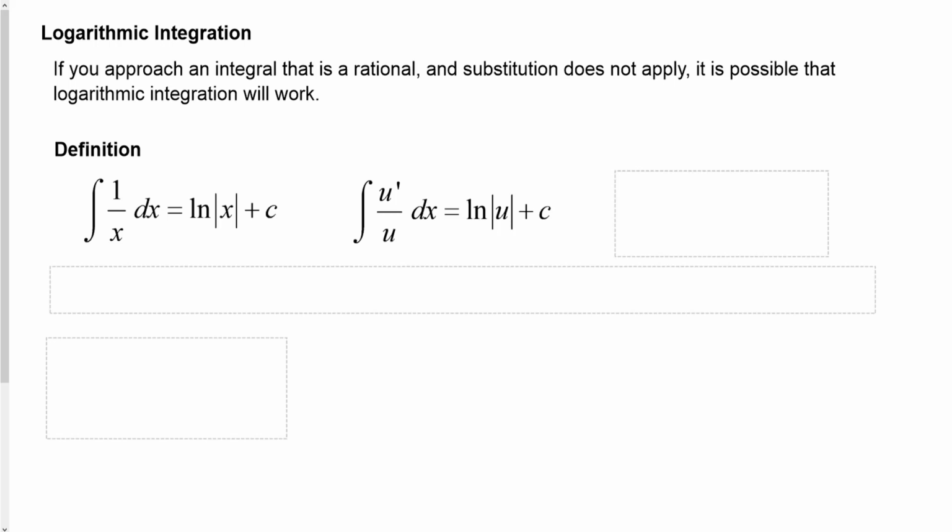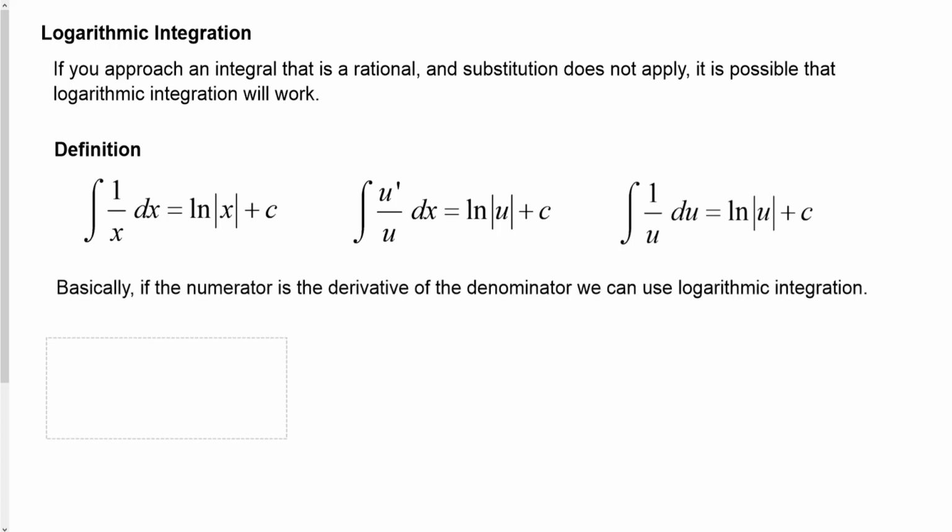So effectively, if the numerator is the derivative of the denominator of a rational function, then we end up just taking the natural log of the absolute value of the denominator, and that's our answer. More formally, we generally write it as the integral of 1 over u du equals natural log absolute u plus c. But I kind of like this second form here in terms of how I actually work these through. So let me show you some examples.